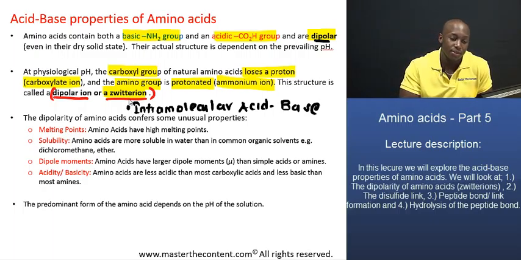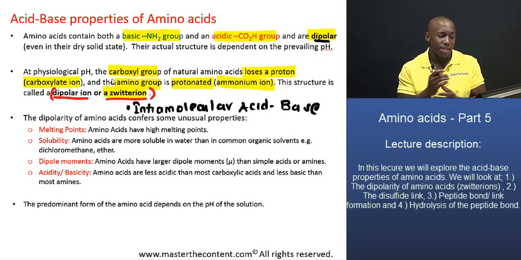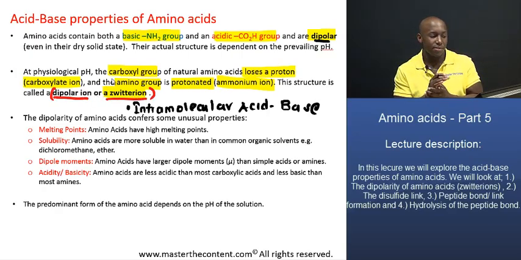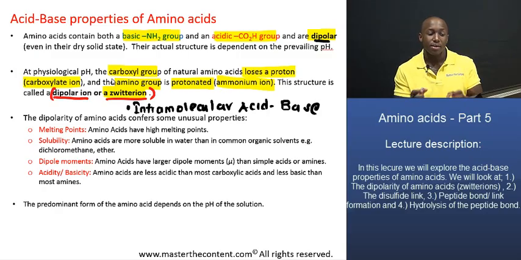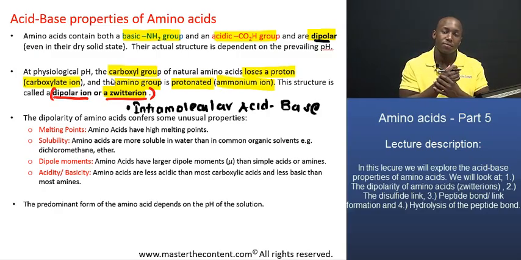Okay? And for that reason, you can somewhat see a zwitterion or a dipolar ion as being amphoteric, but it's different from most amphoteric compounds, which for the most part will only exist in either the cationic or the anionic state. In the case of the zwitterion, it has both states, and it's a relatively neutral species.